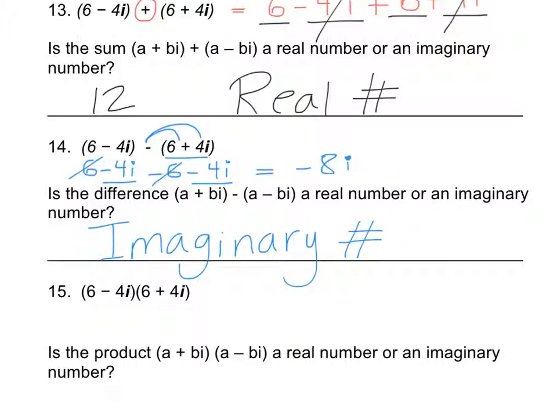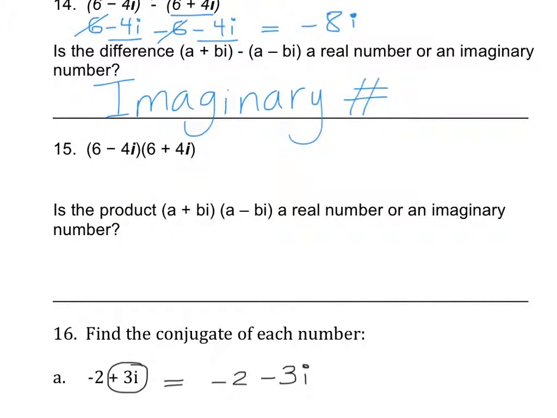Now what happens if I multiply a complex number by its conjugate? So let's FOIL and see what happens. 6 times 6, that's a 36. 6 times 4i, that's a 24i. Negative 4i times 6, that's a negative 24i. And negative 4i times 4i, that's a negative 16i squared.